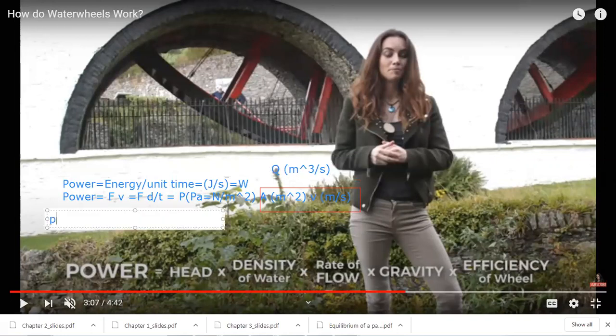so the potential energy is given by rho times G times the head, okay? What do we mean by the head? The head is the variation in elevation of water, okay?